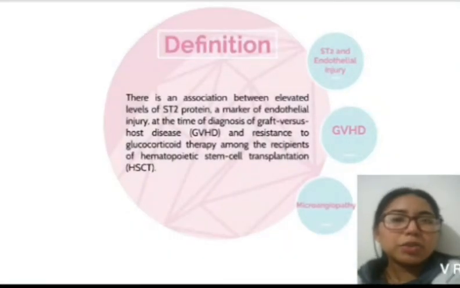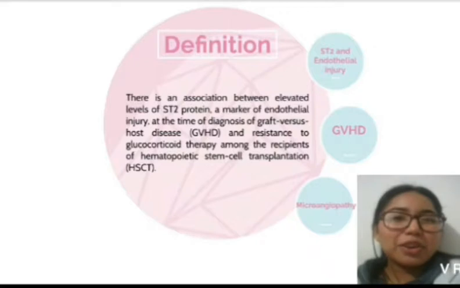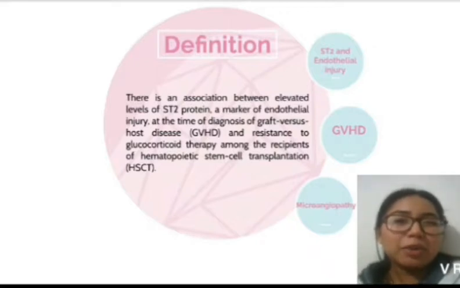There is an association between elevated levels of ST2 protein, a marker of endothelial injury, at the time of diagnosis of graft versus host disease, and resistance to glucocorticoid therapy among recipients of hematopoietic stem cell transplantation.